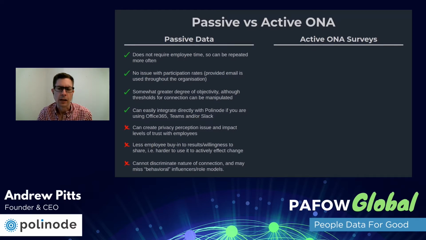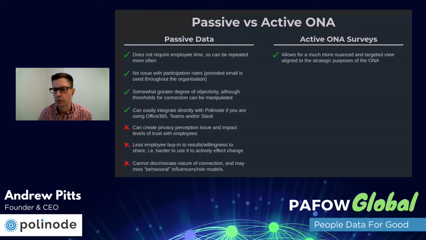As we'll get into, active ONA has a real advantage in that you can drill in and really understand the nature and strength of relationships. It's a lot harder to do that with passive data, when you are typically recording the fact that the relationship exists.